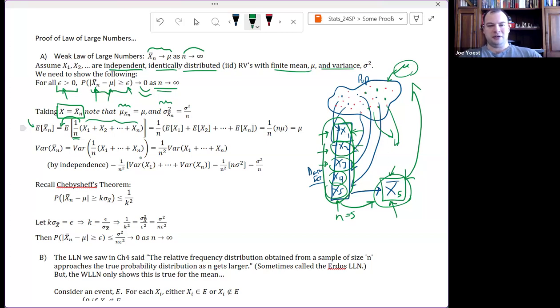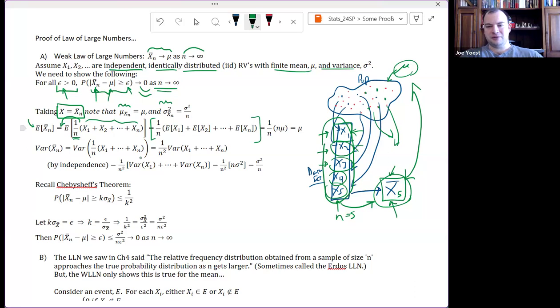And then we have the expected value of the sum of some things, but that's the sum of the expected values. We saw these expected value properties last class. So constants come out and the expected value splits up sums. That's how we get to this piece here.